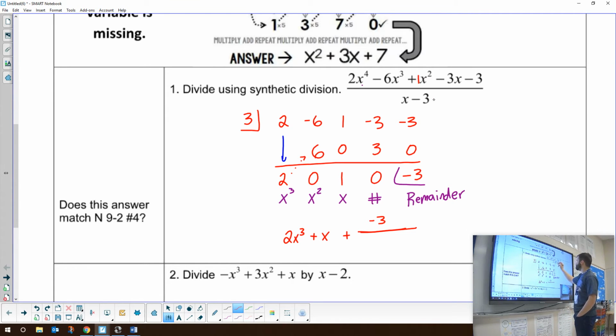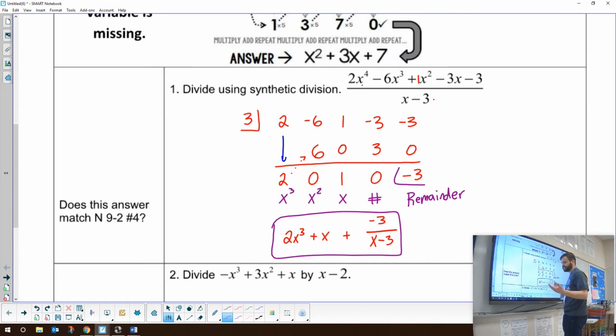And I'm dividing by that x minus 3 there. So we'll just write x minus 3. And then this is going to be my solution, right? Here's my answer plus my remainder. And just like that, we were able to divide. Super simple. All right, let's try this again. Number 2.